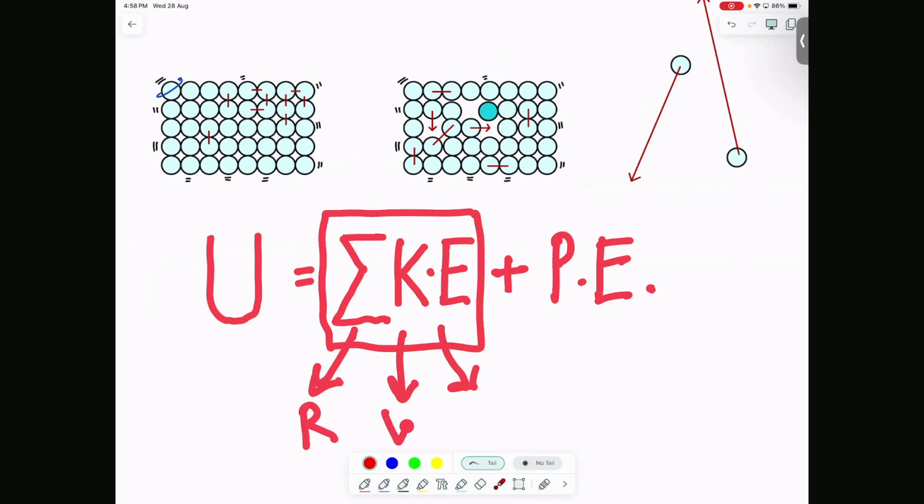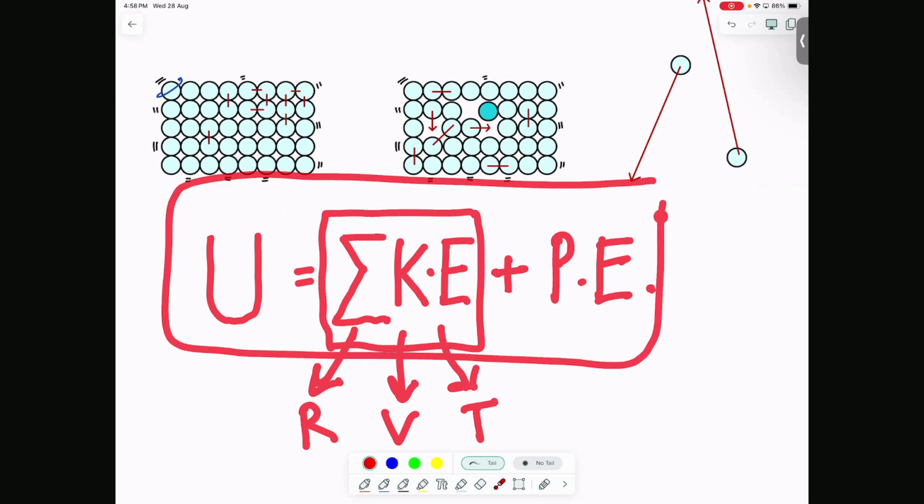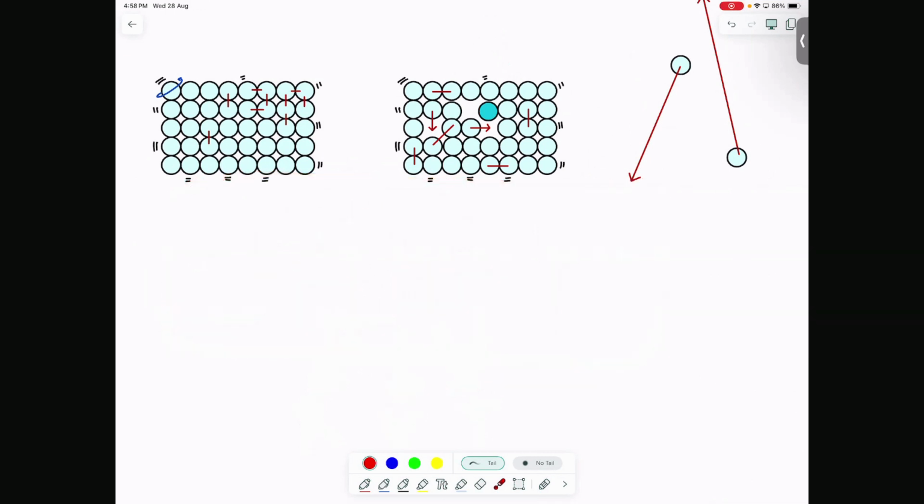Rotational, vibrational, and translational. This together is what your internal energy is. So if I want to know the internal energy of the cup here, I need to find the K of every single particle and the potential between them, and add them up. And that's going to give the final value. Okay, so we'll learn how to deal with that later.